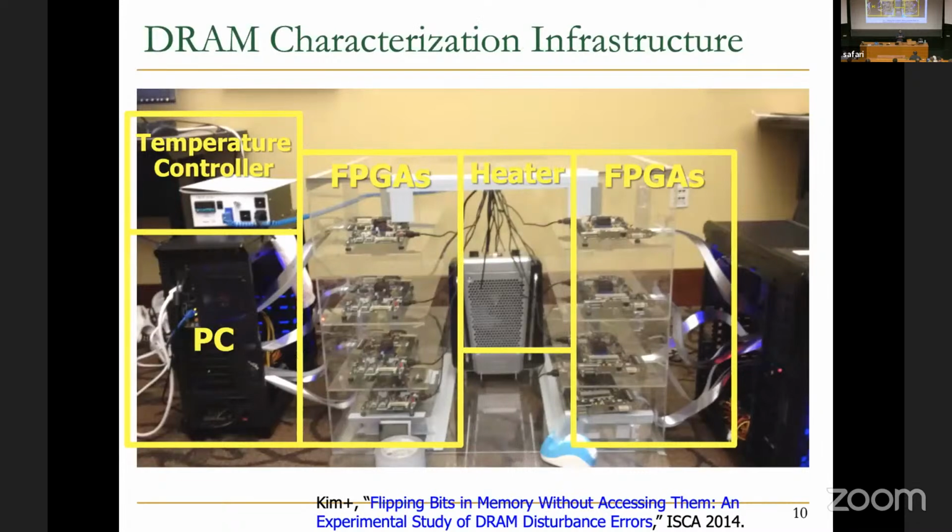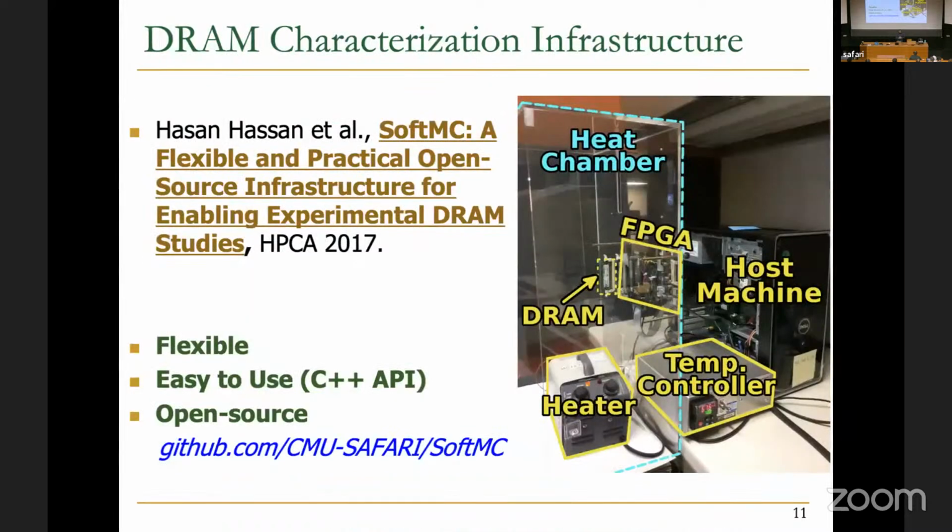This is possible through testing real DRAM chips, because we need to understand their characteristics, behavior, and their limits for reliable operation. This is an infrastructure that was built over years and finally published in 2017. It's open source on GitHub now and very easy to use. It has a C++ API.